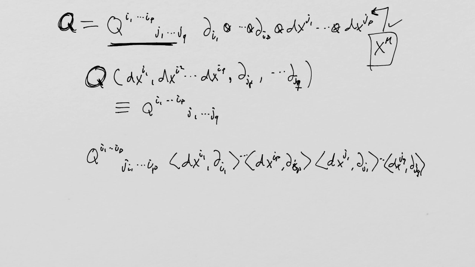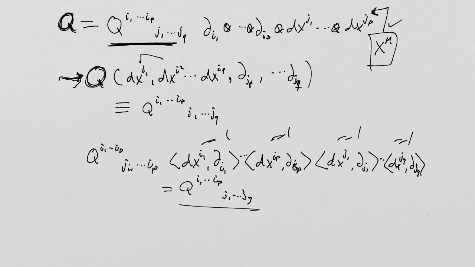And then of course all of these equal 1. And so the real number that's left is Q i1 through ip, j1 through jq. So the component is left over. This is how you find the component of any tensor in a certain basis. You feed it the appropriate things to generate the component.